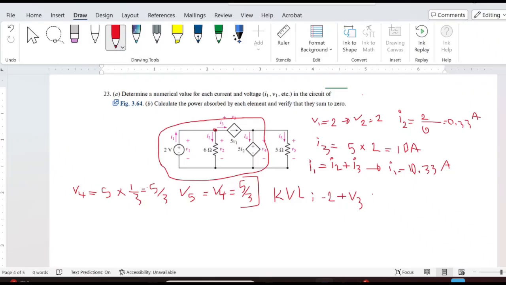But V4, we already identified to be plus 5 over 3. So it's easy to see that V3 is going to be 1 over 3 volt.